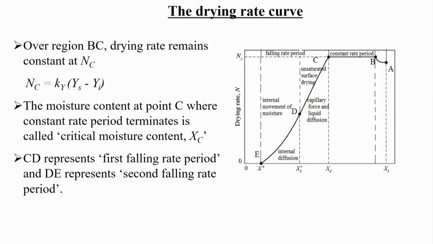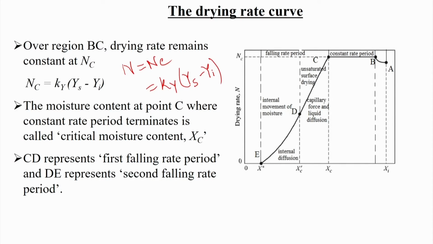And over the region B to C, we said that N becomes N C. So, N is equal to N C, which is nothing but K y into (y s minus y I).